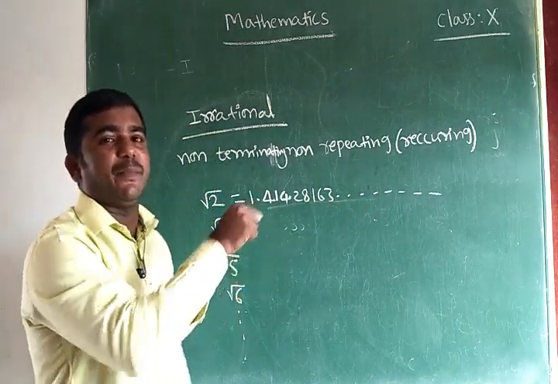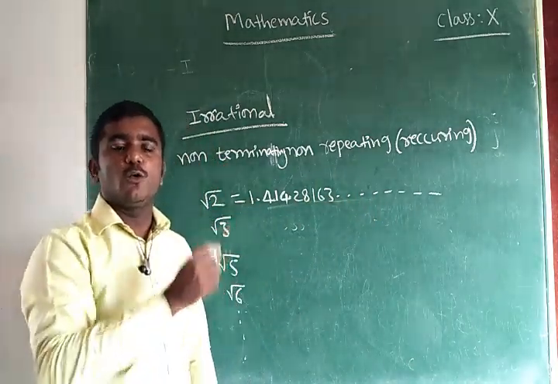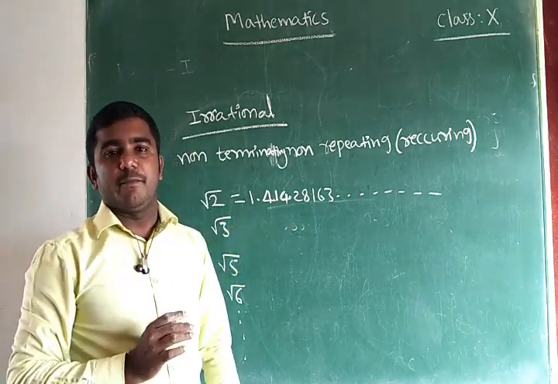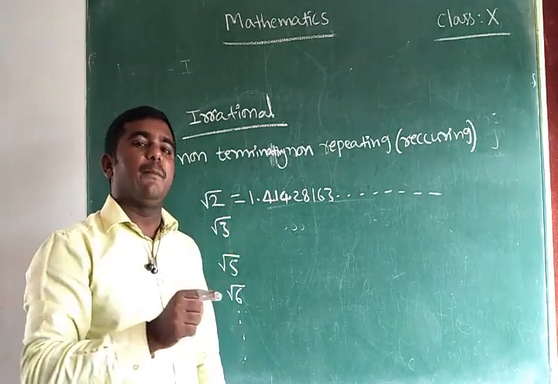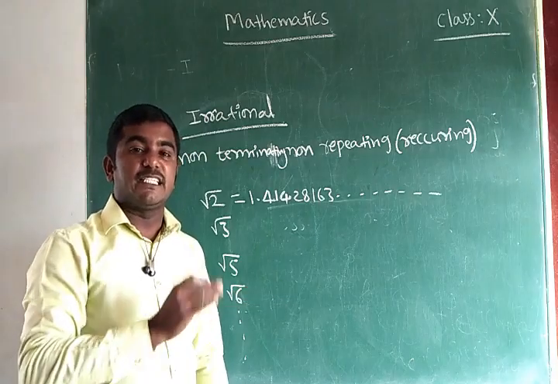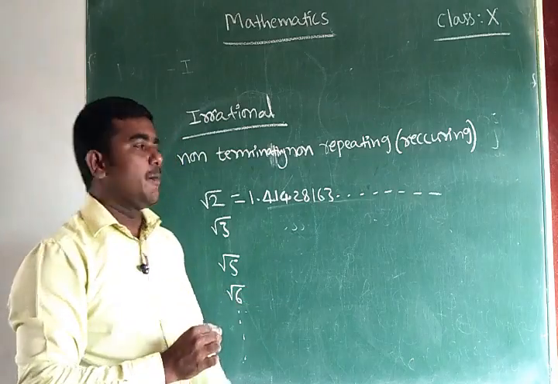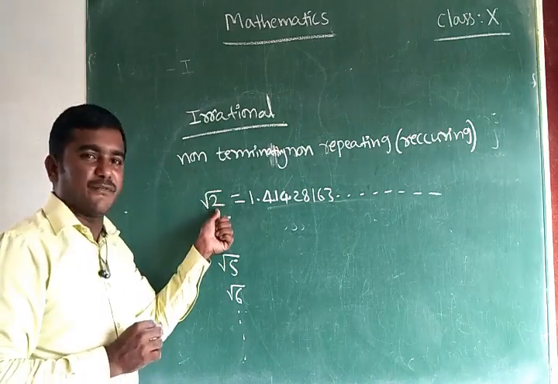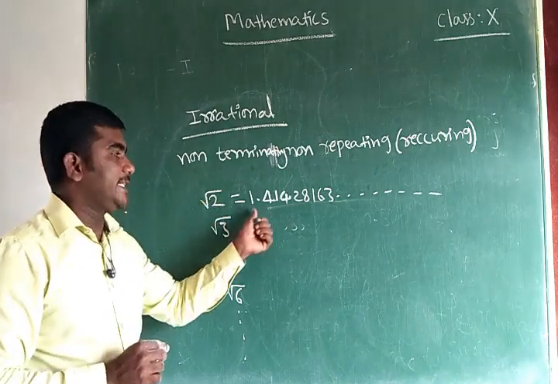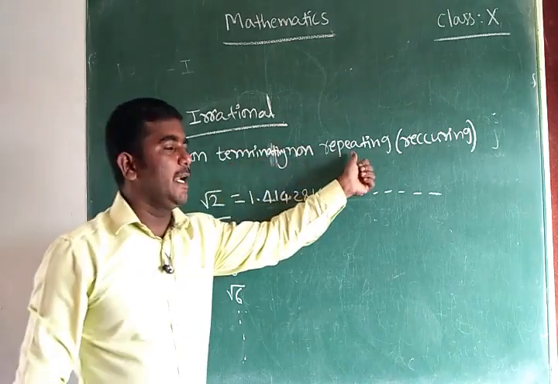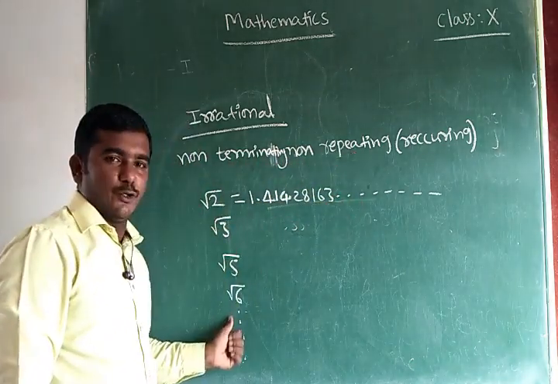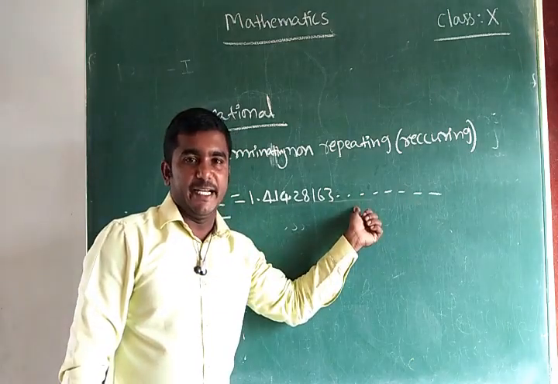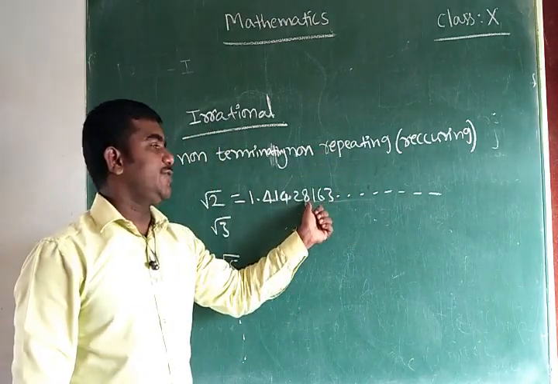But if you take the p by q form, any fraction like 2 by 3 or 1 by 3 or 1 by 8, any number by another number, numerator by denominator, compulsorily it will either terminate or be non-terminating repeating. But if you take the root of a non-perfect square, you will get non-terminating and non-repeating values. It is non-terminating and also non-repeating. These values again won't repeat.